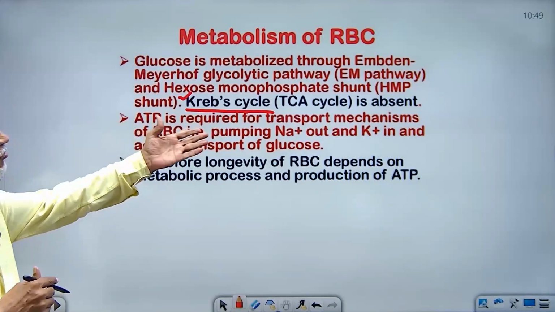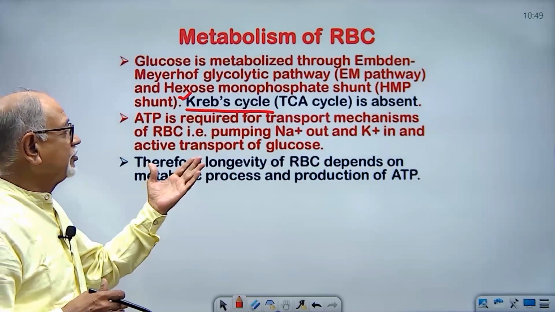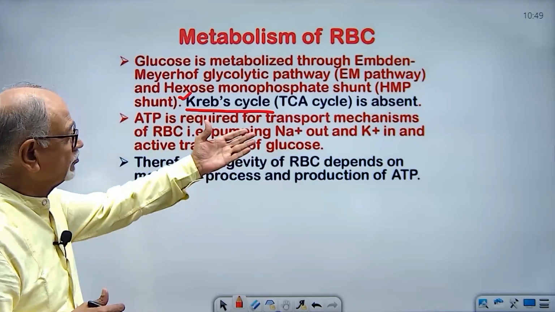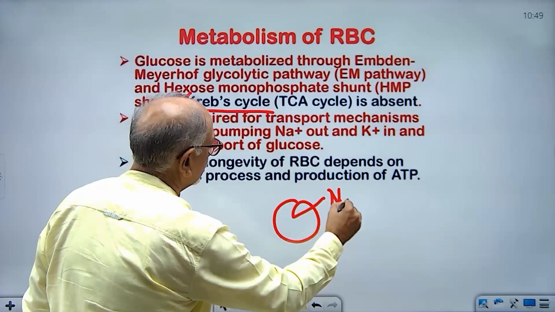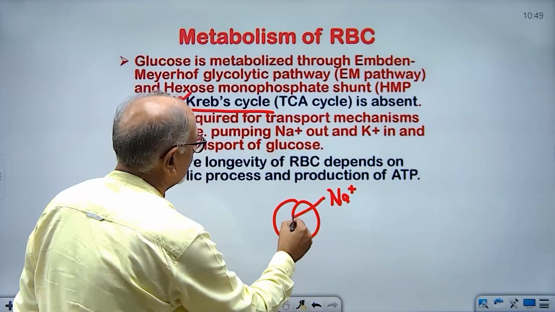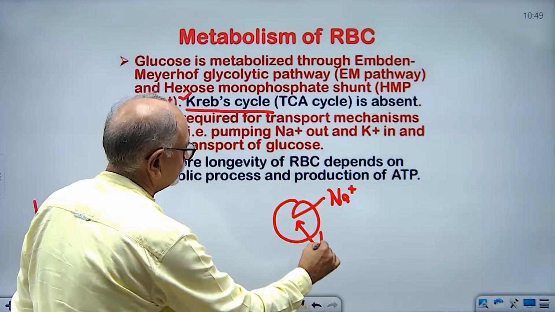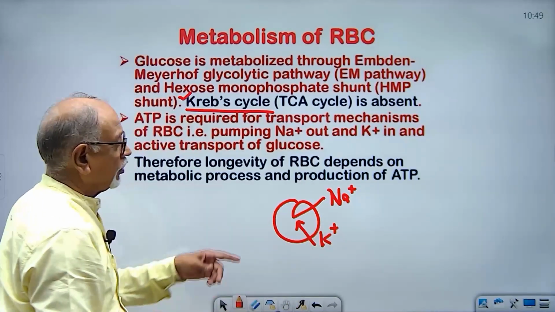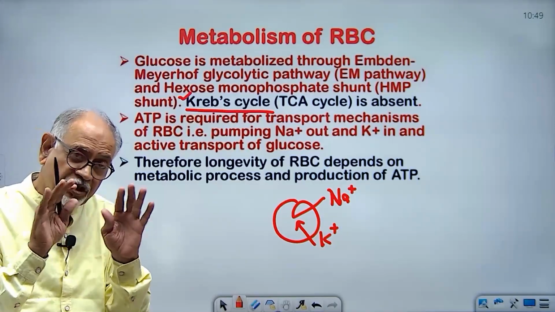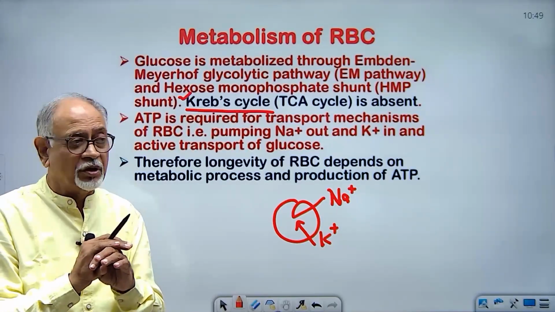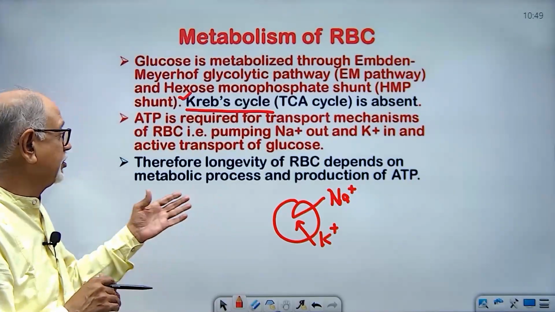The ATP is required for the transport mechanism of RBC. RBC has to pump sodium out and potassium in. For this process, a continuous pumping mechanism is needed, which requires energy, and it requires energy in terms of ATP.